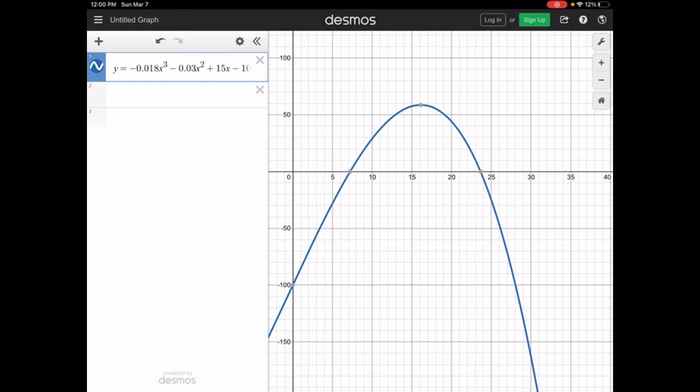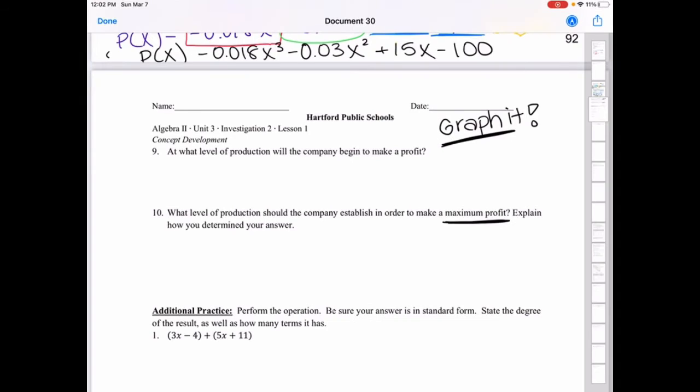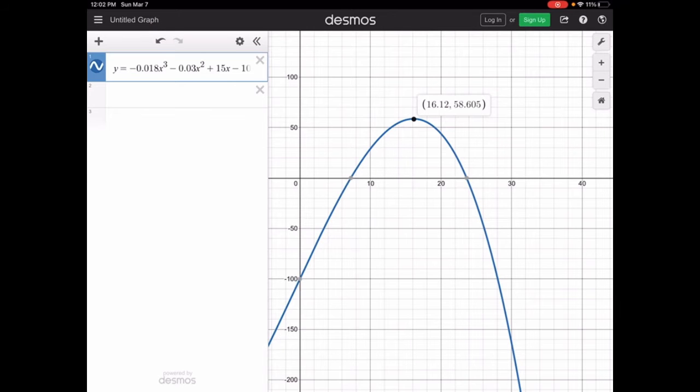So we're going to start from 0 and go to the right towards positive infinity, asking us at what level will the company begin to make a profit. Here they're making negative profit, and it's not until they reach this root, which is 7.223 hundreds of hard drives. It's not until after that moment that they start increasing their profits, right?